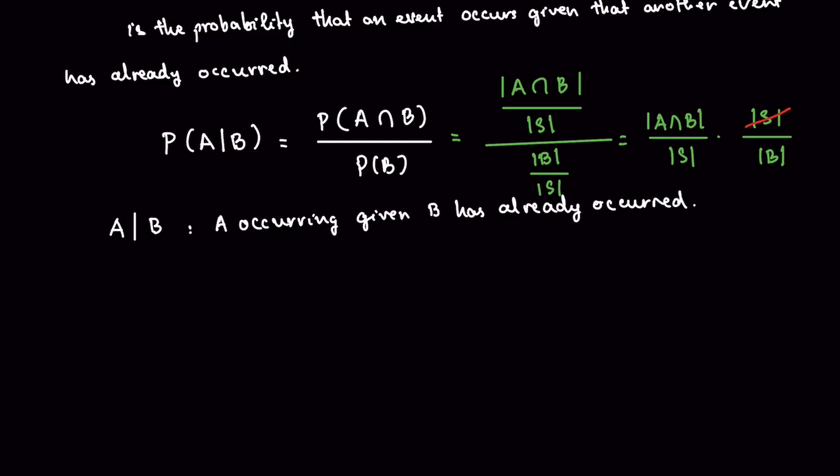Then you cancel out the cardinality of S, and you arrive at an alternative answer: the probability of A given B is equal to the cardinality of A intersect with B over the cardinality of B. So you can use either formula to calculate the probability of A given B.